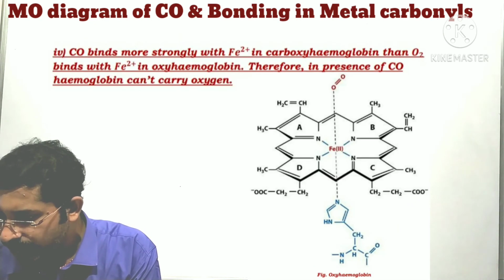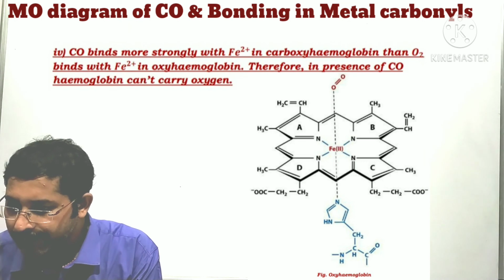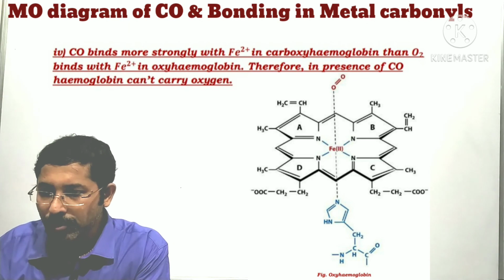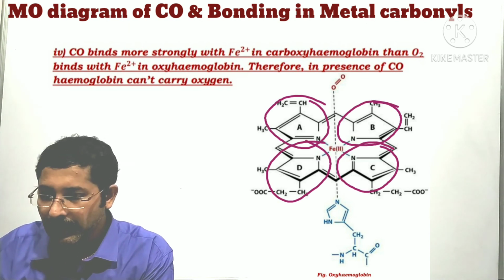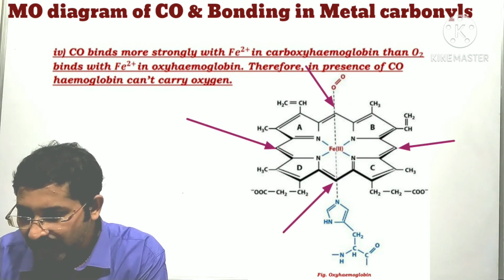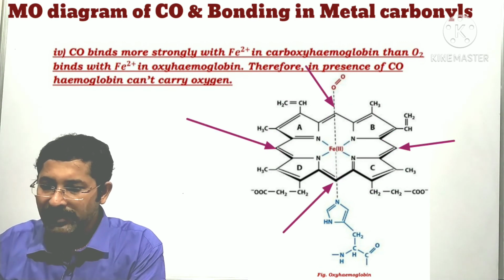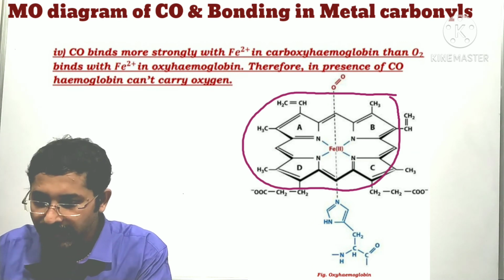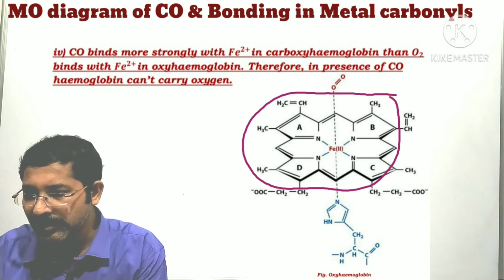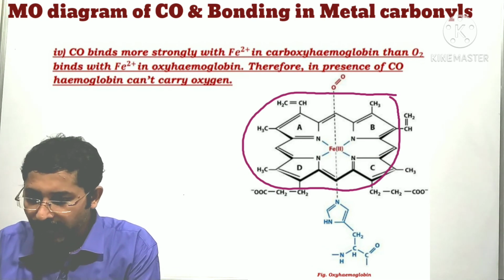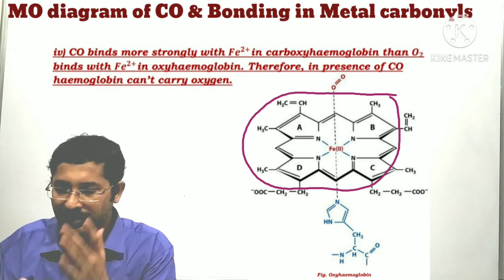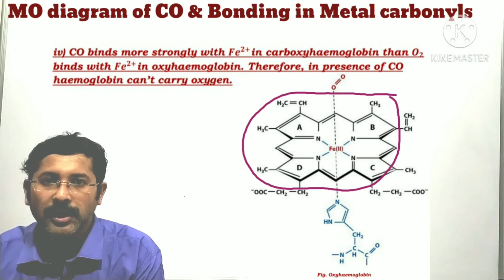This is a structure of oxyhemoglobin. This is your hemoglobin molecule. There are 4 pyrrole rings, and the pyrrole rings are joined by these methine groups to form this porphyrin ring, and of course there are methyl, vinyl, propionyl groups, etc. So this is your porphyrin ring, and Fe2+ is present at the middle of this porphyrin ring in the hemoglobin molecule.